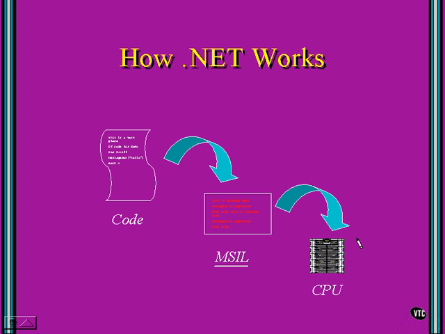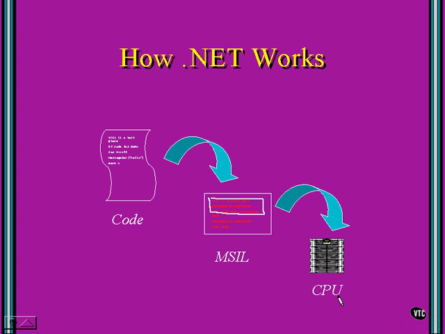And that further step is called JIT, or just-in-time activation. What happens with MSIL code? Once we write our code here, and it goes to MSIL, let's say that these 3 lines right here are a function or a procedure.